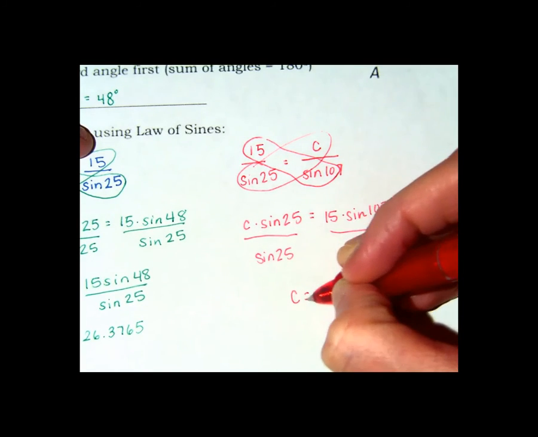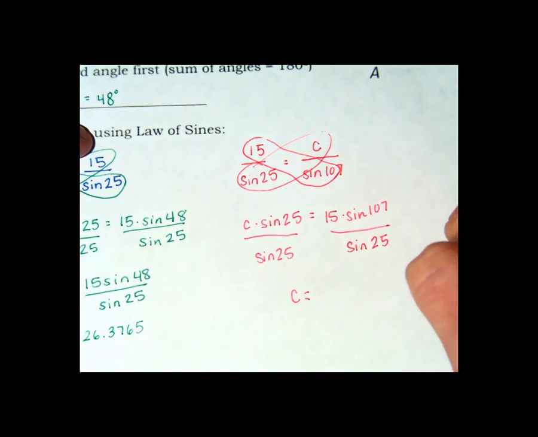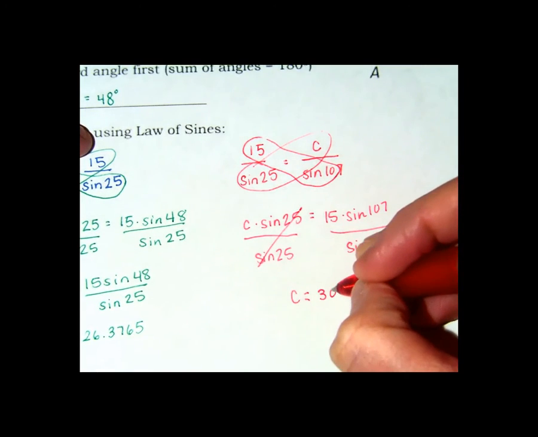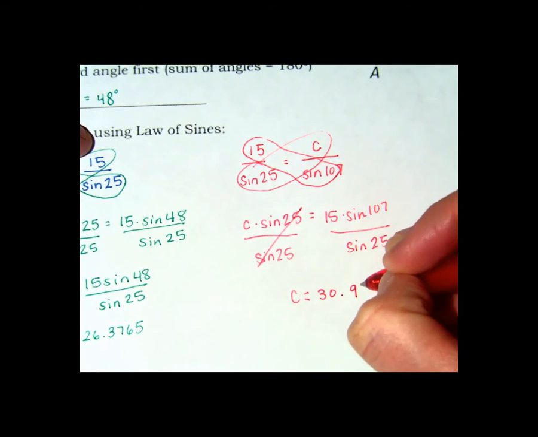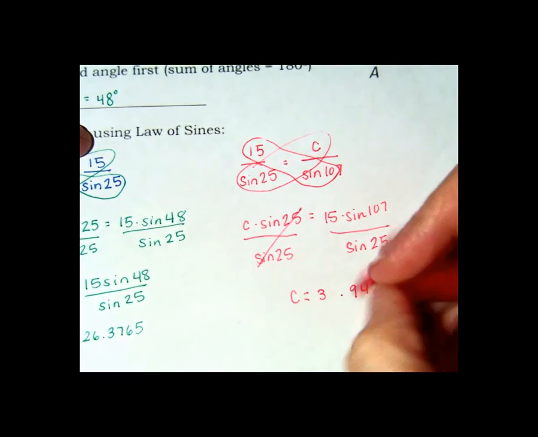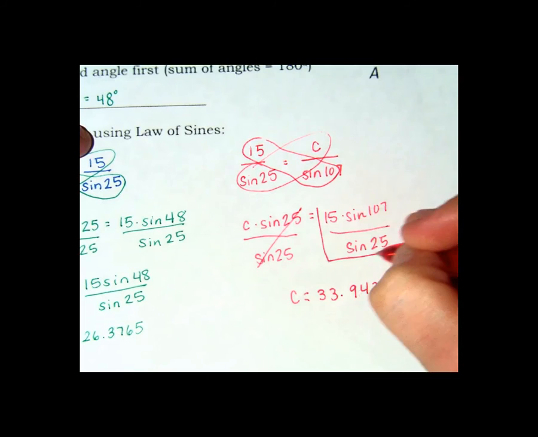What was C equal to? Because I'm not going to write that back down again. You don't have to after that step. 33, not 30. 33. So you typed this in your calculator.